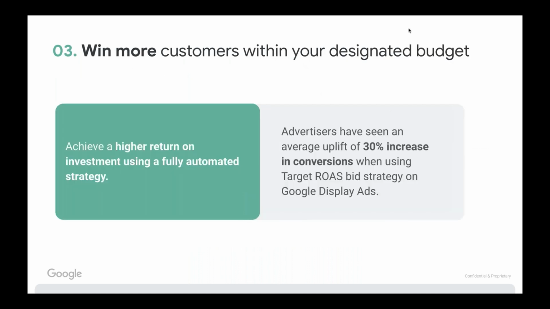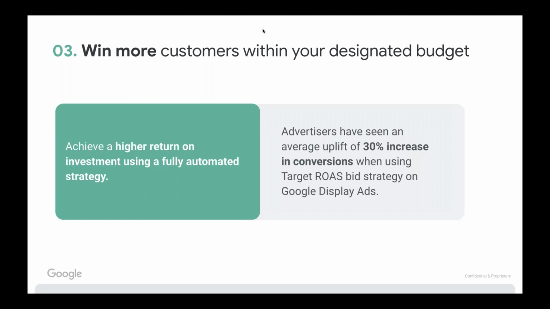And of course, all of that really helps to improve your return on investment. Of course, the bottom line, we all know that we're only successful at Google if you, the customers, are successful. So you can see here quick stats that on average we do have a 30% increase in conversions, for example, using a target-driven investment strategy.